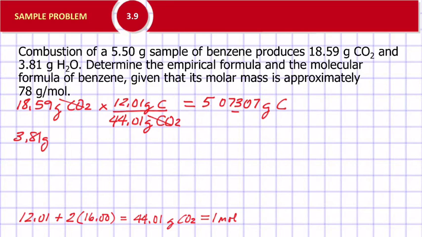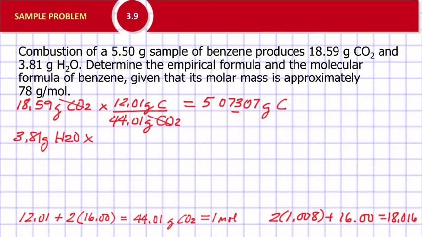3.81 grams of water. Well, water is 2 times the mass of hydrogen plus the mass of oxygen, 18.016.